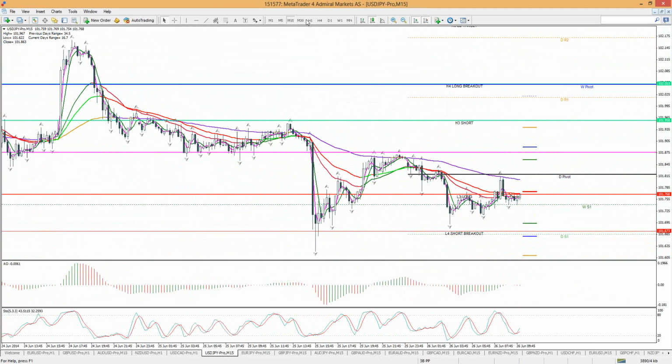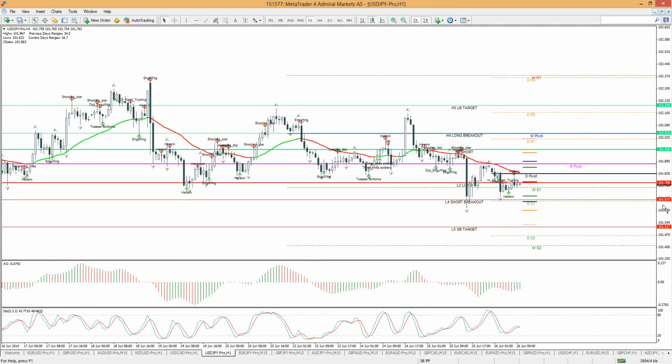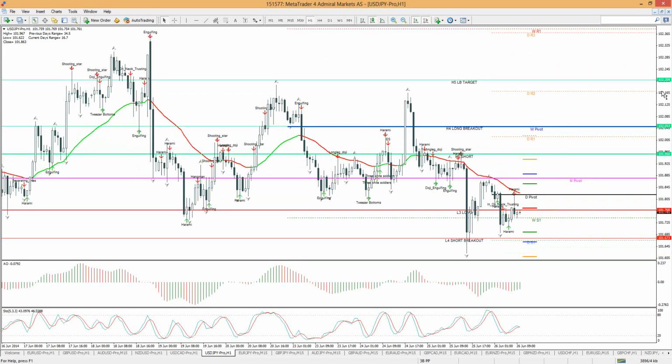Let's see. Yeah, I don't know. I'm not a big fan of this dollar yen in any case. But there is that bearish momentum. I don't know. This doesn't really look all too great to me.